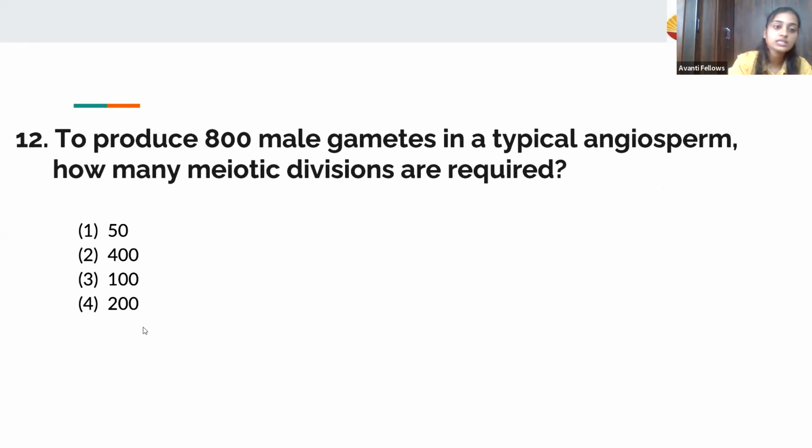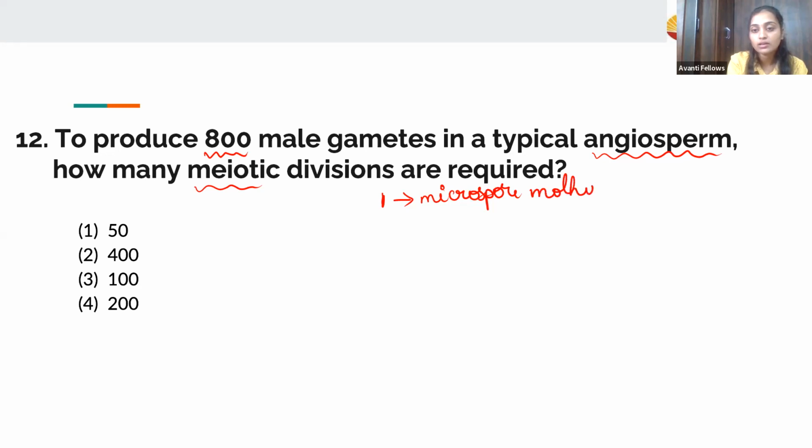The question says, to produce 800 male gametes in a typical angiosperm, how many meiotic divisions are required? In one meiotic division, one microspore mother cell produces 4 pollen grains.